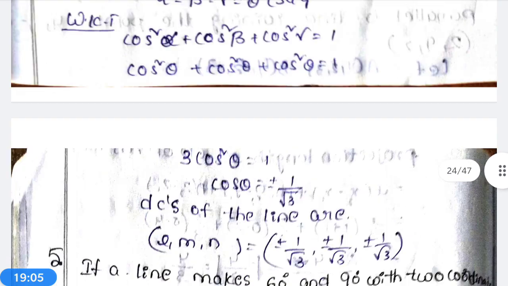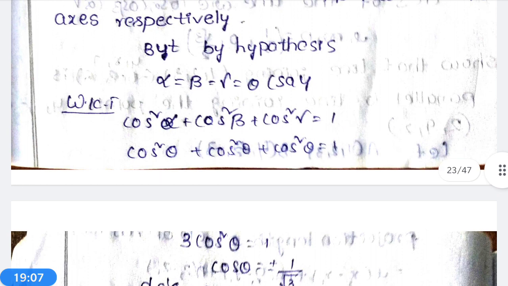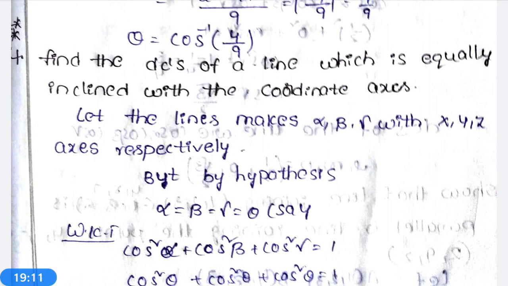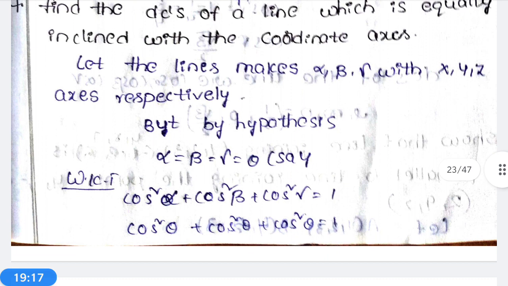Very important problem. So, how has the problem been solved? Let the line make equal angles with the coordinate axes. That is, the line makes alpha angle with x-axis, the same alpha angle with y-axis, the same alpha angle with z-axis. Then l is equal to cos alpha, m is equal to cos alpha, n is equal to cos alpha. We know that l square plus m square plus n square is equal to 1.